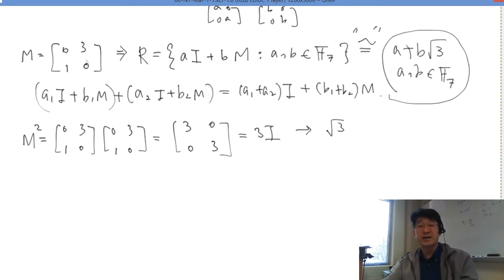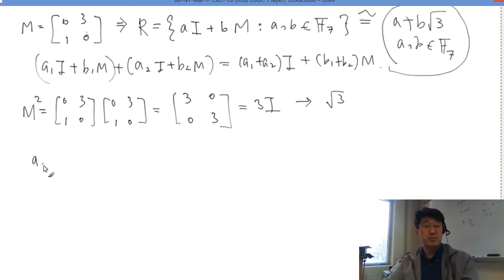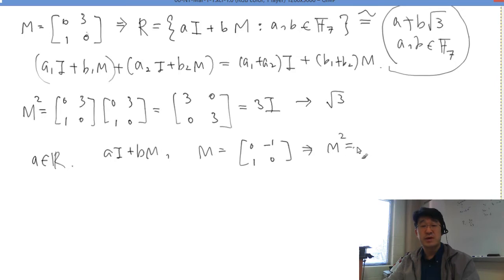So you can go like this. If you have real numbers, and if you haven't seen the imaginary number, it goes like this: A times I plus B times M, where M is 0, -1, 1, and 0. Then you can calculate M squared is -1 times I, which is -1 and -1.